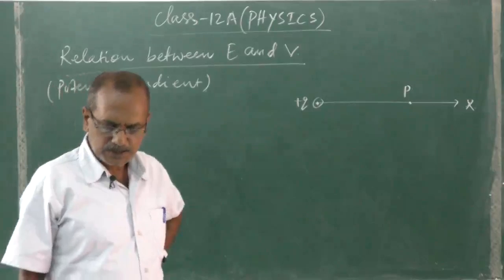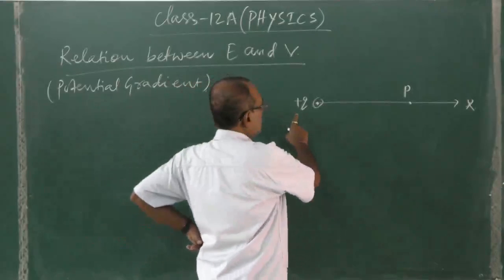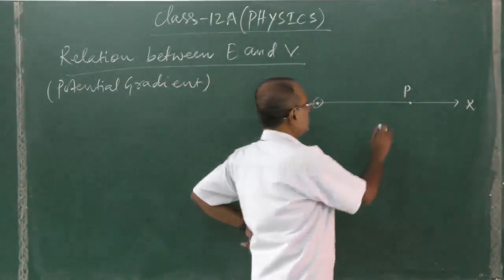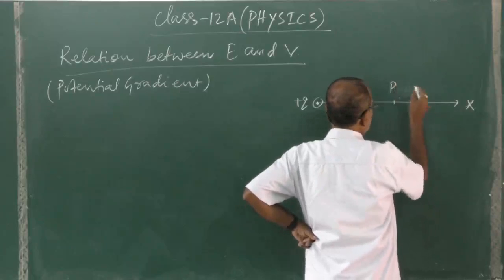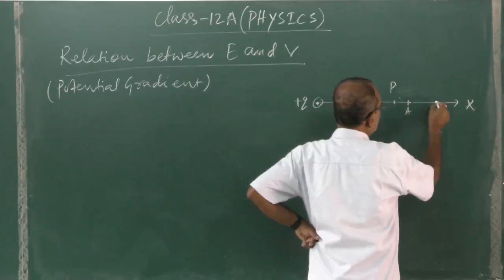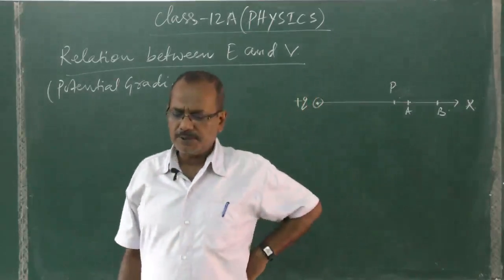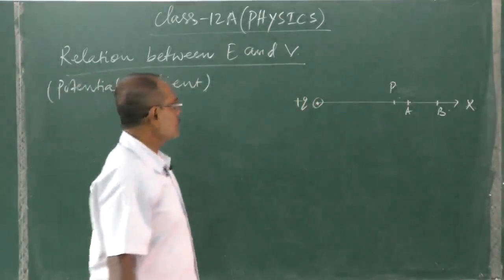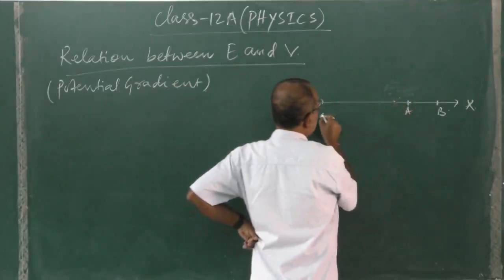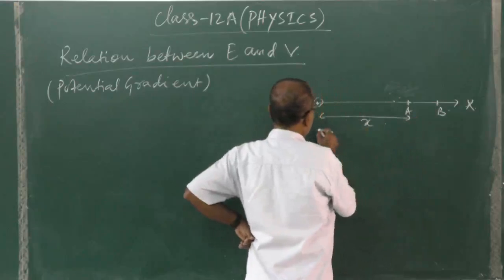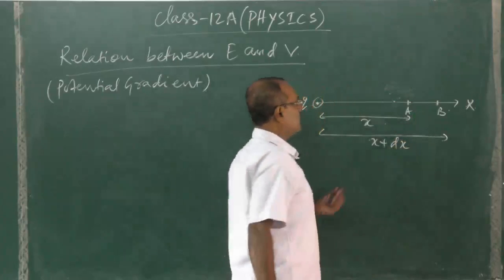Here plus Q charge. Now we are taking 2 points over here, say it is A and this one is B. Distance of A from P is x and this one is x plus dx, a very small distance.